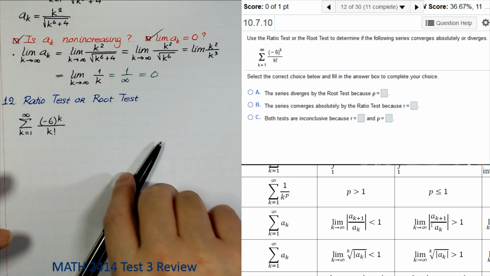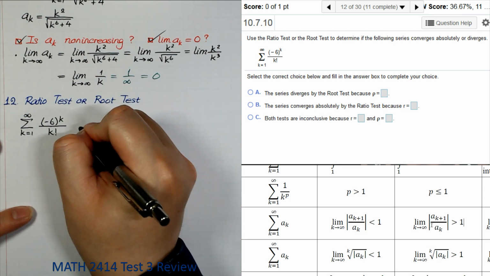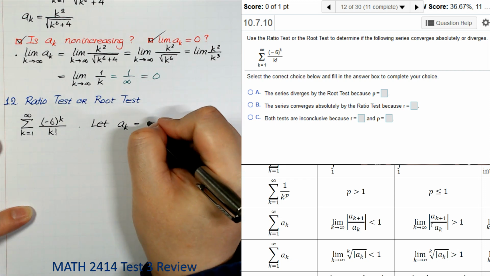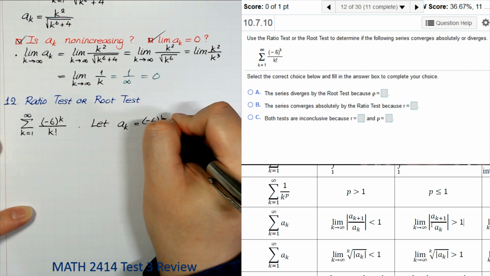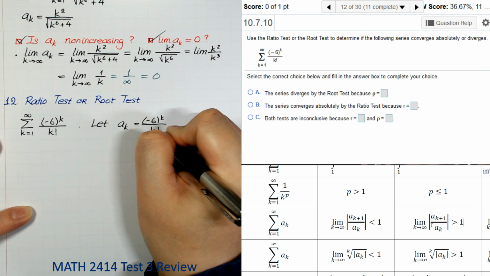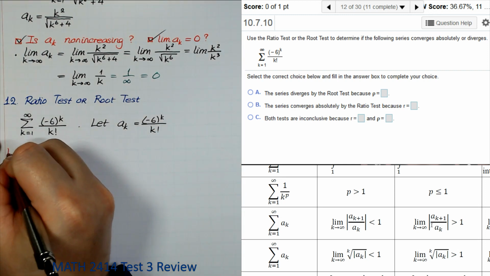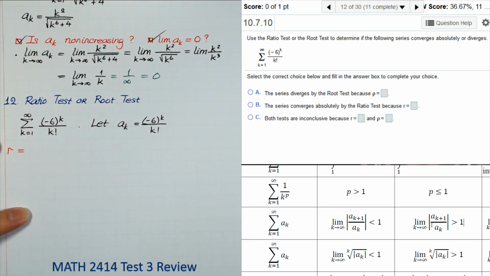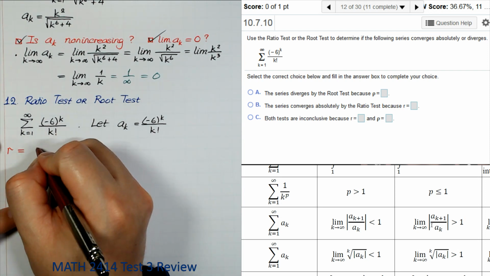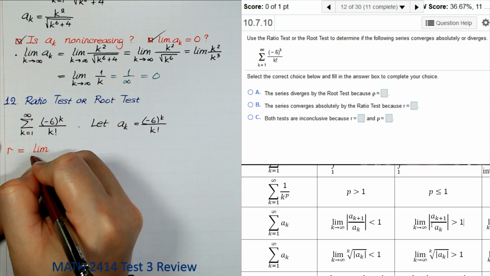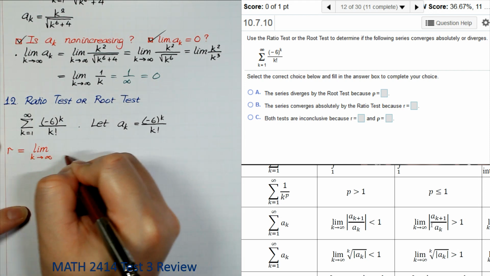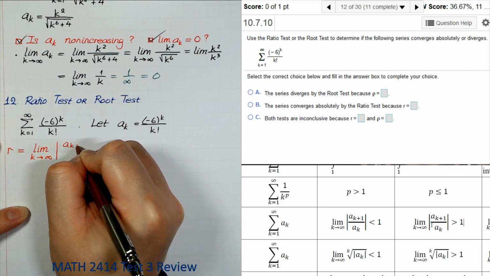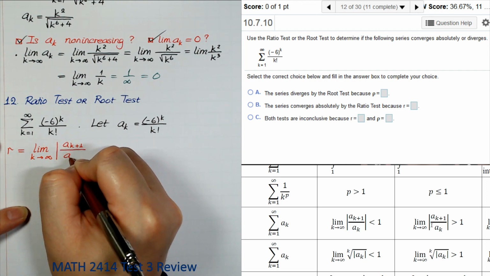The next term divided by this term. So first, let a sub k be that. Now the ratio is inconclusive when that ratio equals 1. So we take the ratio a sub k plus 1 over a sub k.